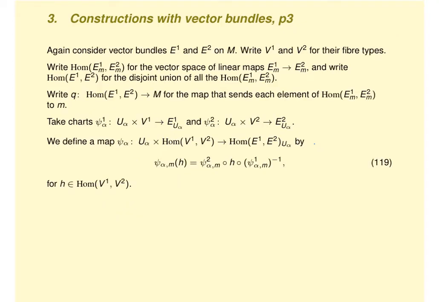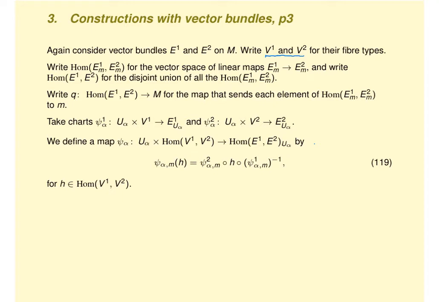Here's the second example. It's the Hom set for two vector bundles, again on the same base. And this time I'm going to write V1 and V2 for the fibre types. In fact, I did that already in the previous construction. It's slightly more manageable than using Euclidean spaces.